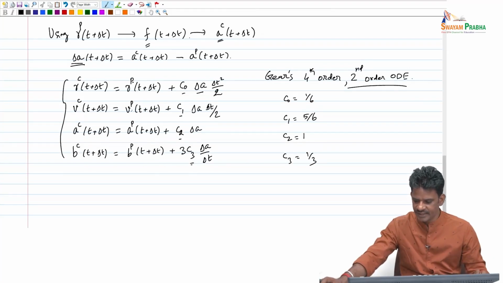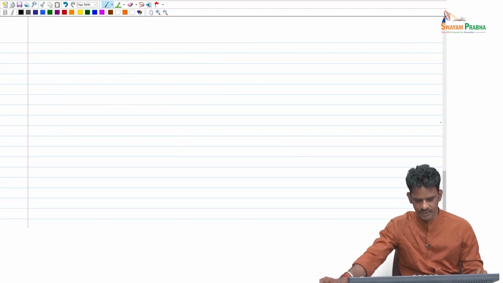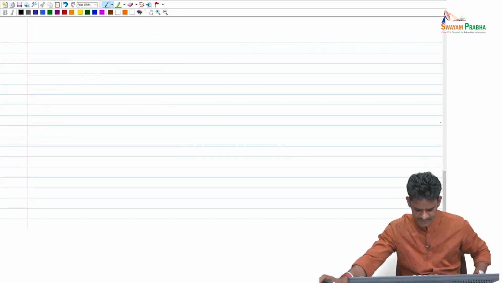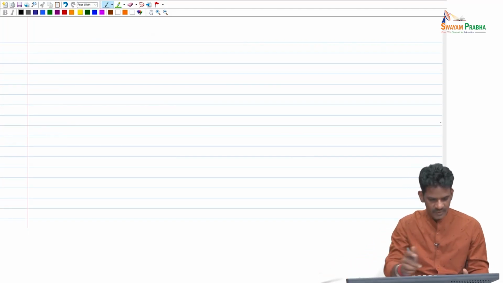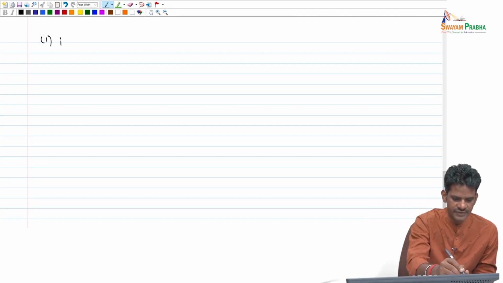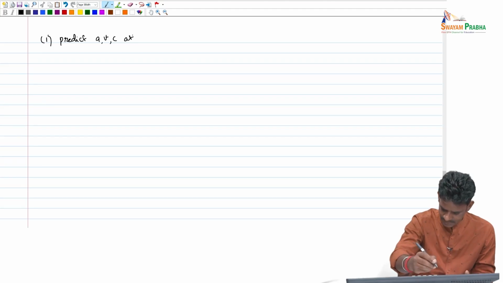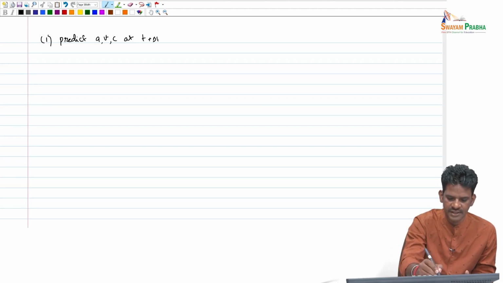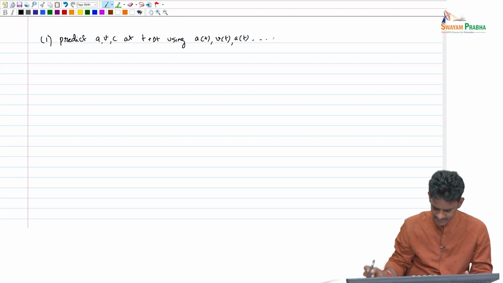So now let us see how we implement this in MD simulations. First, we predict R, V and A at t plus delta t using R of t, V of t and A of t, etc. That is the first step.